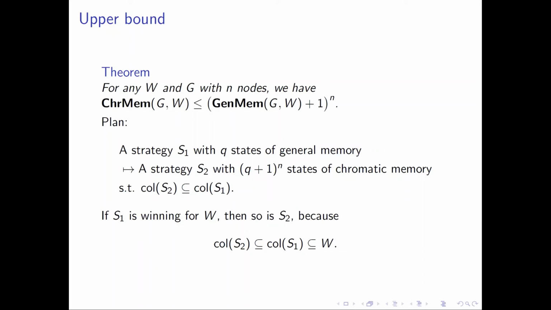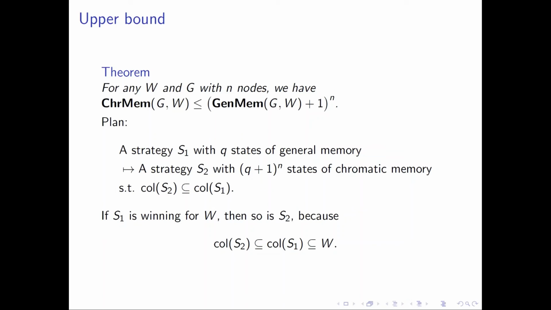So why is this sufficient for our theorem? Well, in the theorem we have to show that if there is a winning strategy with Q states of general memory with respect to W, then there is a chromatic strategy with (Q plus 1) to the n states of chromatic memory, which is winning for W also.